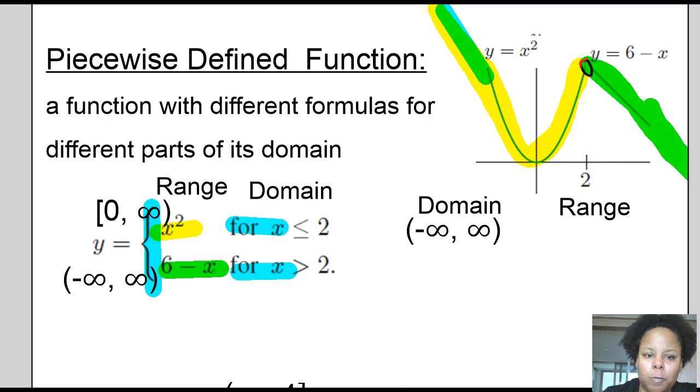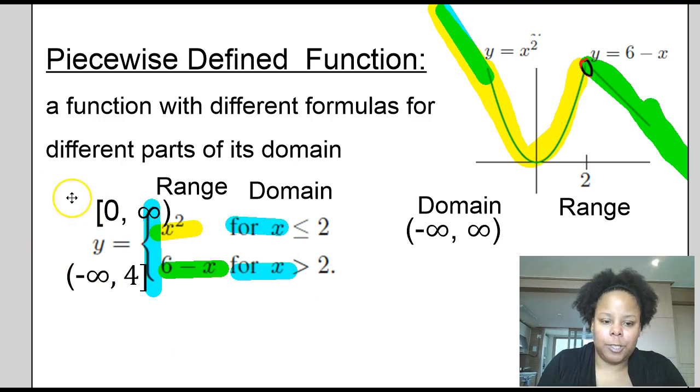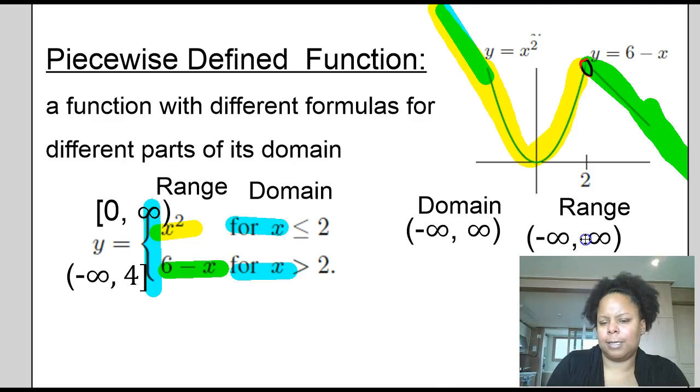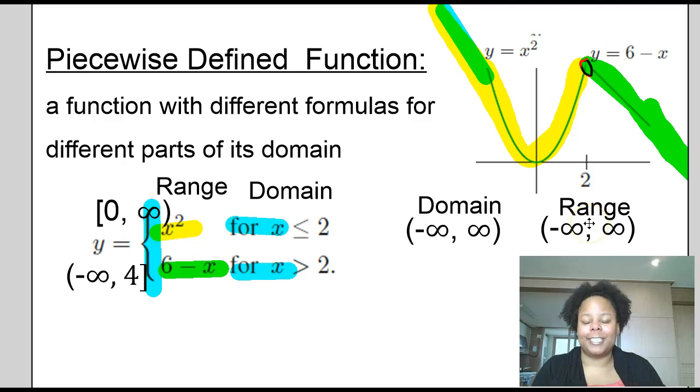So the actual range for this part would be from negative infinity to 4. So this part is from 0 to infinity, and this part is from negative infinity to 4. But together, they cover every single number on the real number line. So in this case, the range of this would be negative infinity to infinity, all real numbers.